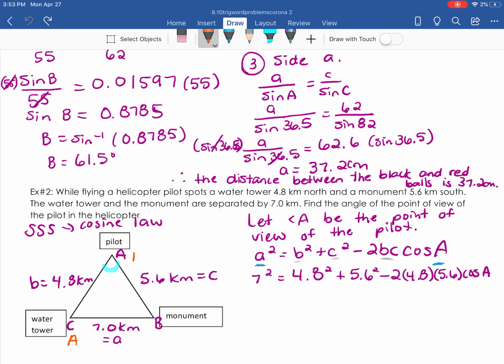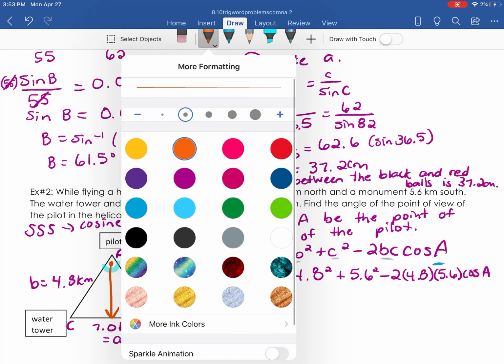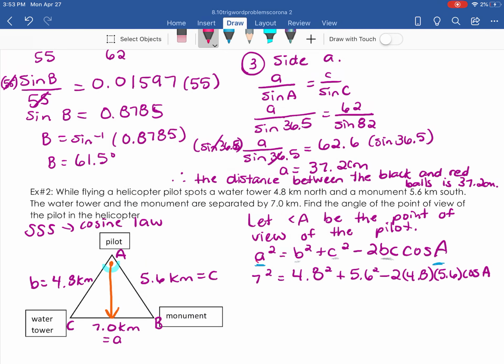The big thing is that I have called A at the top here. This is the angle that we're looking for. So the side across from it, that's the side that goes with it. So that's what's going to be important. This is A and it goes with angle A at the end here when you do the cosine law.